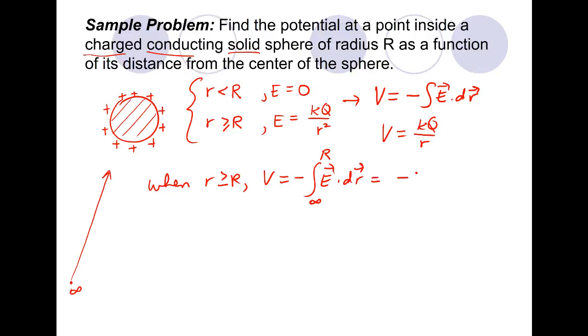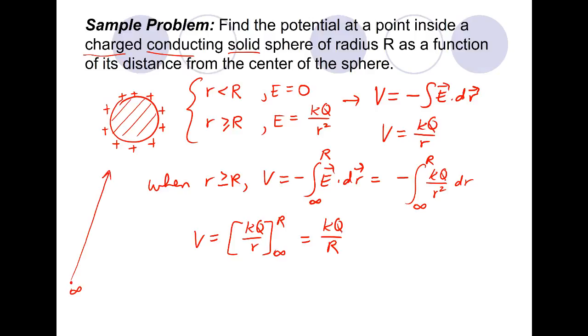Okay, so that's negative integral of kQ over r squared dr from infinity to big R. And so that's going to get us basically kQ over r evaluated from big R to infinity, and that's where we get kQ over big R from. So that's what the potential is as we approach the sphere.